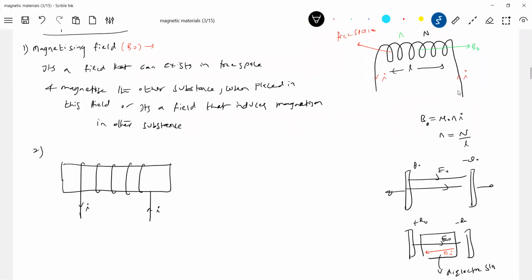This current I flowing here will produce a magnetic field in this direction, B naught. Okay, fine. And it will induce a magnetic field. It can induce a magnetic field in any direction, so let me put it as B i like this. And what is this rod? It's a magnetic substance.